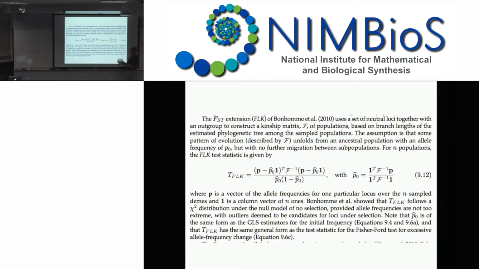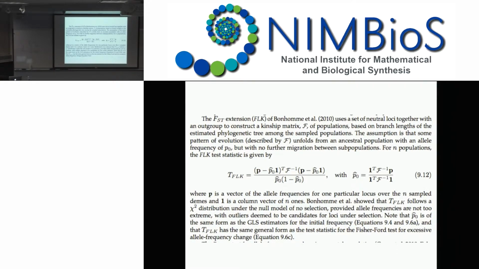Here's what the test statistic looks like. Look at our old friends here, right? Quadratic products. Vector, inverse variance-covariance matrix, vector. So this term here, F inverse, in the FLK, is an estimate from other markers of your covariance structure among demes. And that then gives you a test statistic.